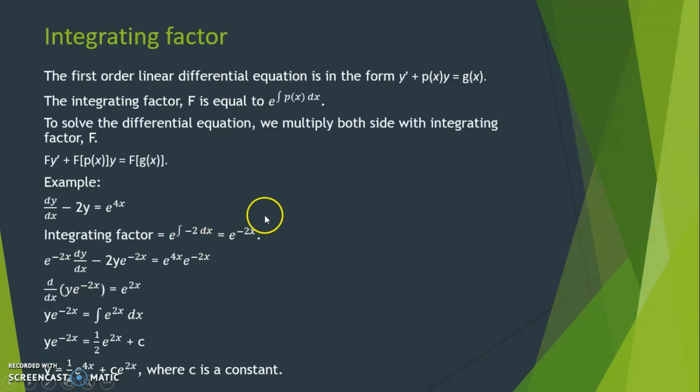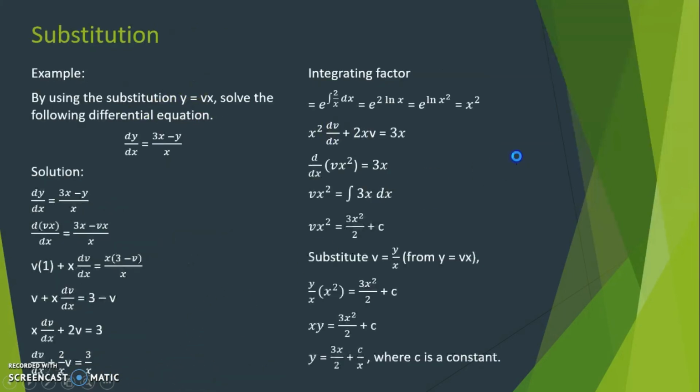Then we multiply both sides of the equation by e^(-2x). We solve this step by step, and finally we get y = 1/2 e^(4x) + c e^(2x), where c is a constant.